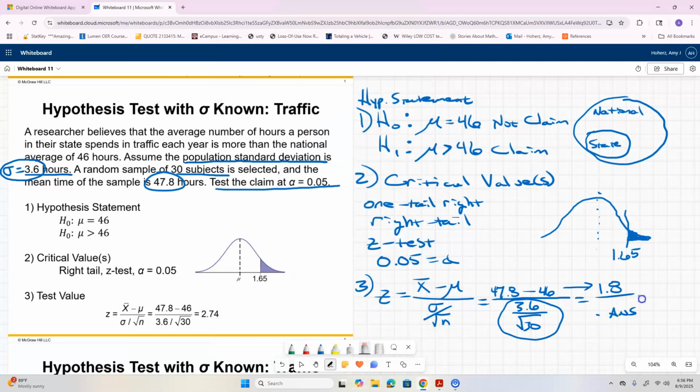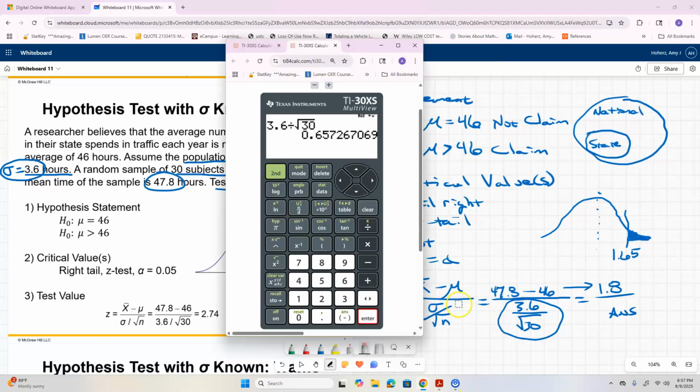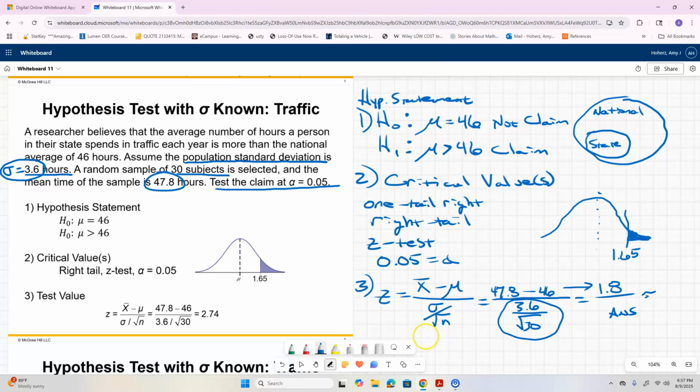It should just be answer, not square root of the answer. Okay, so now we're going to do 1.8 divided by answer. And that gets us 2.74. Now that is our test value. So step 3 is test value. We get the test value from the formula.